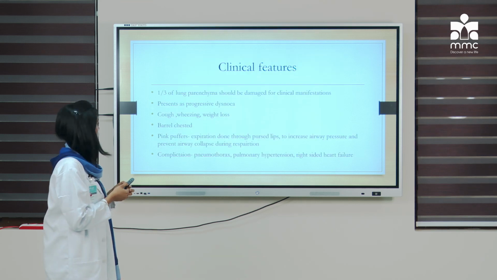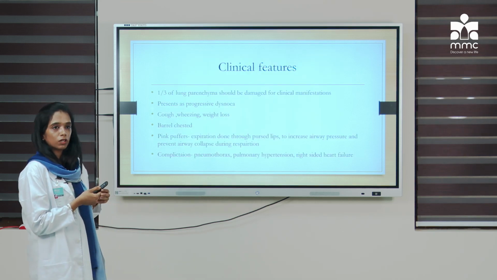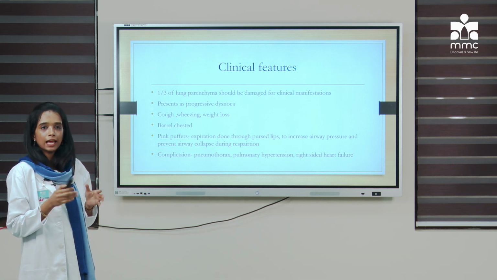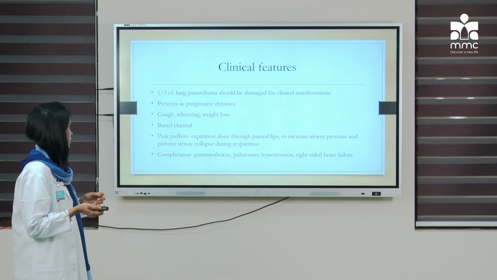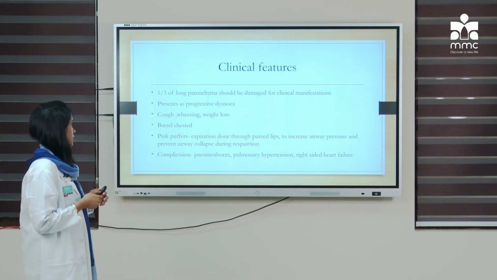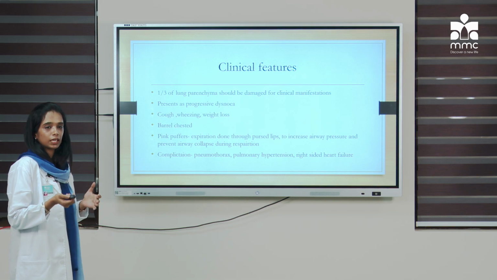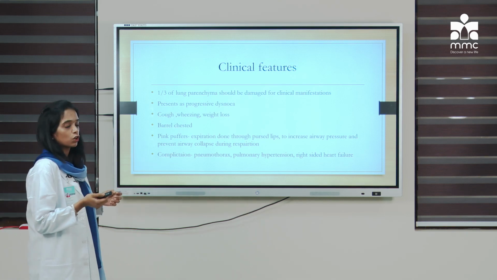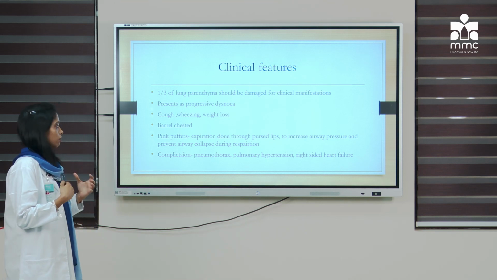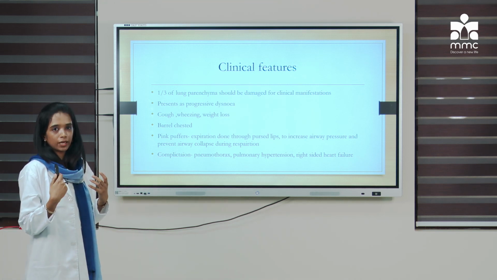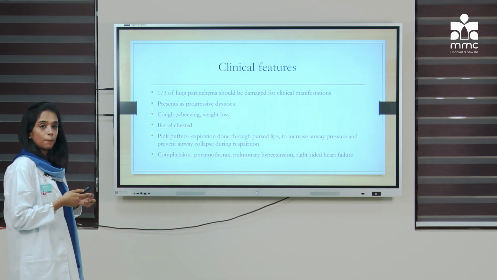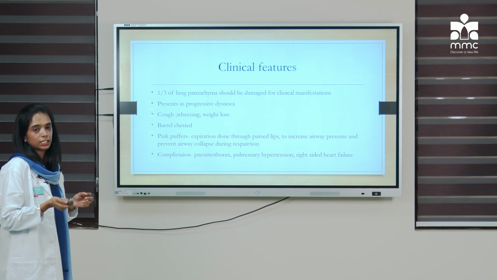Finally, let us see the clinical features. One third of the parenchyma should be involved for emphysema to show clinical manifestation. Most of the time patients present with progressive dyspnea, and they can also have cough and wheezing. They can present with weight loss because of the chronic inflammation and the energy required to expire the air, and they have a barrel chest appearance on physical examination.